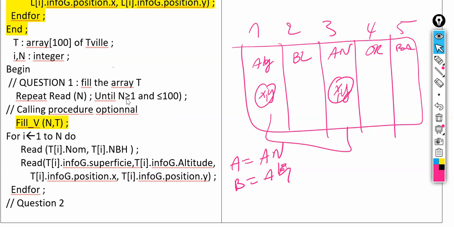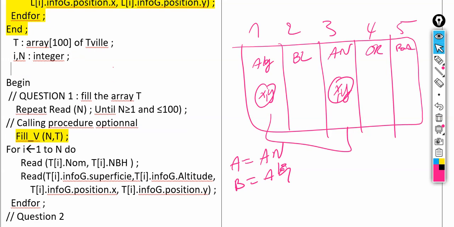To do this, I have given an idea last time, but you can do it in many ways. I can, for example, use two variables, P1 and P2. P1 and P2 will play two roles. They will represent the index of the towns that I am looking for. So here, for example, P1 at the end will be 3, because Annaba is at position 3.